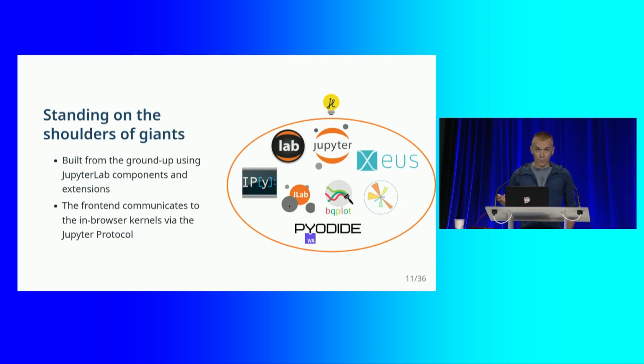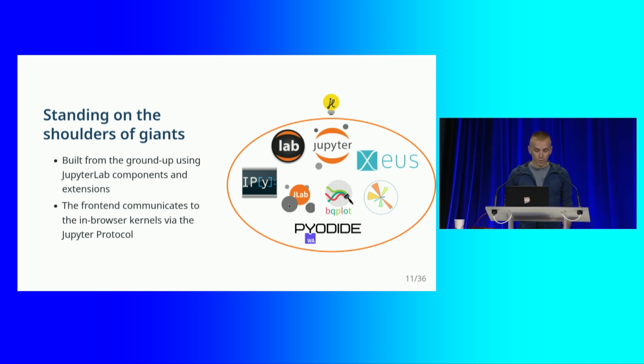And JupyterLite is nothing really special in a way. It's more like taking everything that happened in the Jupyter ecosystem for many, many years and putting that together into some kind of bundle that you can run in the browser. It's built from the ground up using JupyterLab components. So JupyterLab is very extensible. You can pick plugins, you can pick extensions, and you can create something new if you would like to.